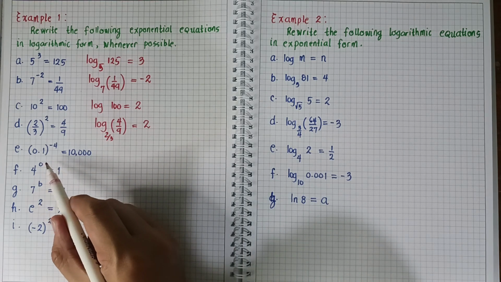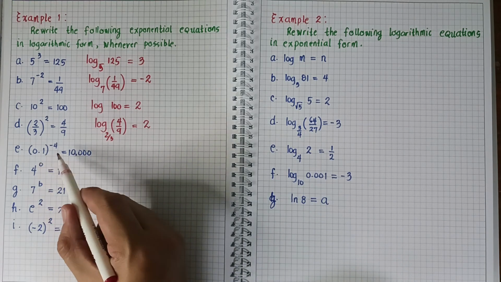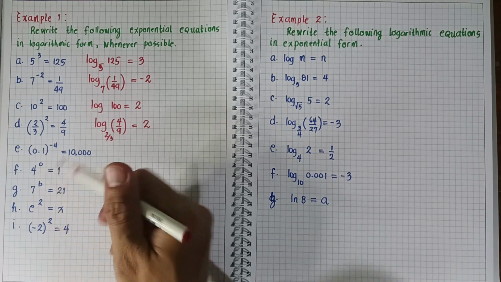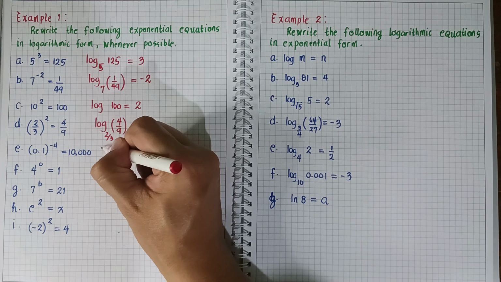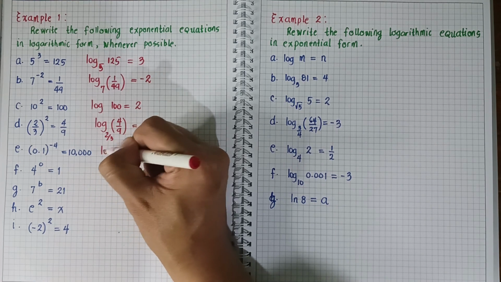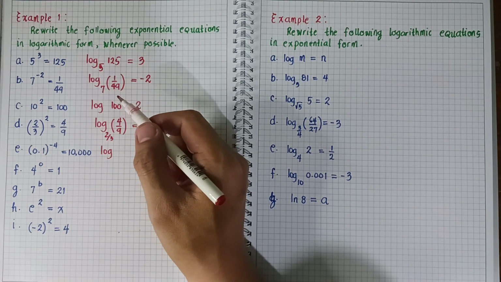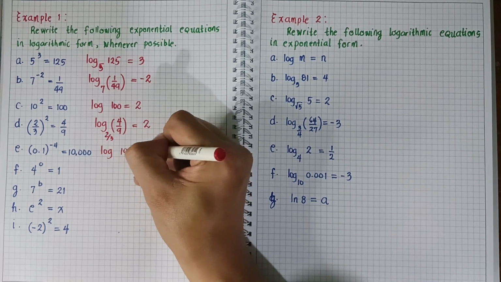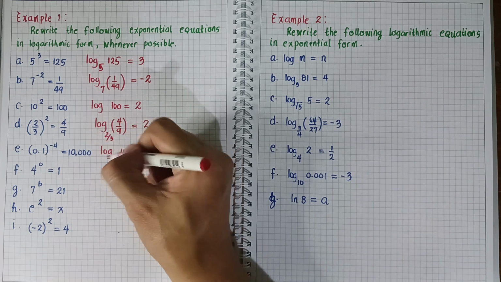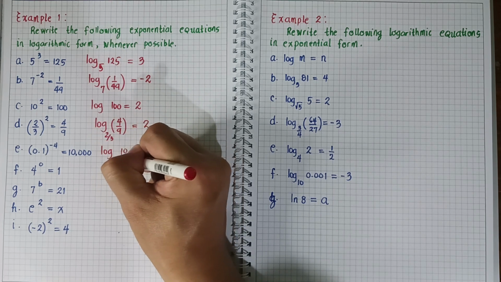Okay, next. So, we have here letter E, 0.1 raised to negative 4. So, that is equal to 10,000. So, this becomes the logarithm of 10,000 with base 0.1 or to the base 0.1.